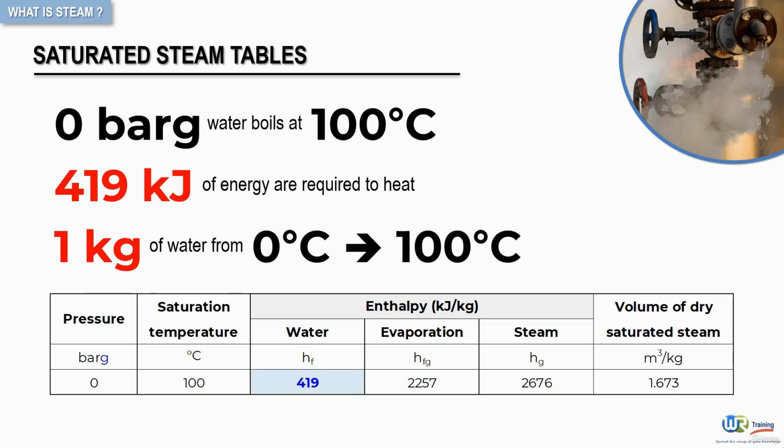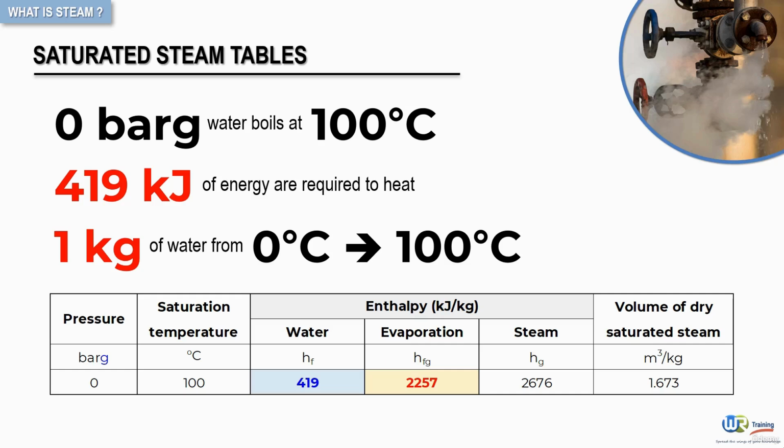Another 2,257 kilojoules of energy are required to evaporate 1 kilogram of water at 100 degrees Celsius into 1 kilogram of steam at 100 degrees Celsius. Therefore, at atmospheric pressure, the specific enthalpy of evaporation is 2,257 kilojoules per kilogram, as shown in the steam tables.